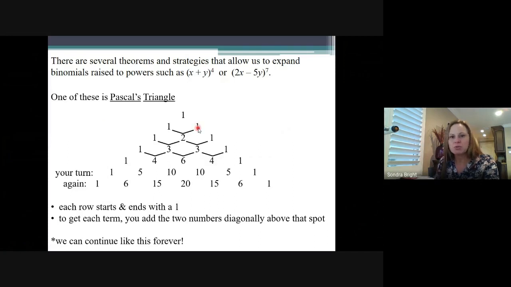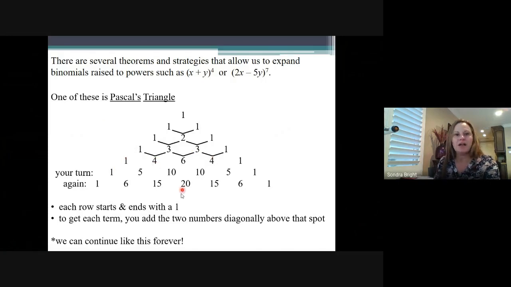This is row 2, because it goes 1x squared plus 2xy plus 1y squared. The row will match up with the exponent up here. So when you go to do (x + y) to the fourth, you're going to use row 4 of Pascal's triangle, the one that starts with a 1, and then the next one is a 4, for the coefficients.